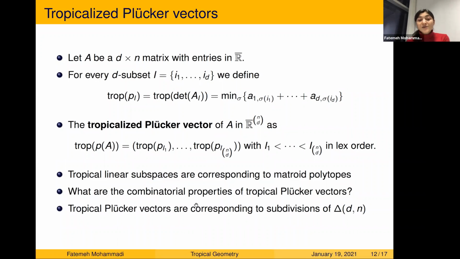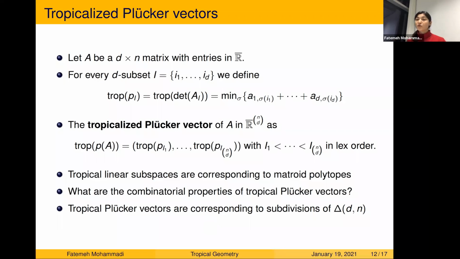And it turns out that the tropical linear spaces, the points in the tropical Grassmannian, correspond to matroid polytopes, and also tropical Plücker vectors, what we defined here, correspond to subdivisions of the hypersimplex. That was the matroid polytope of the uniform matroid U_{d,n}.